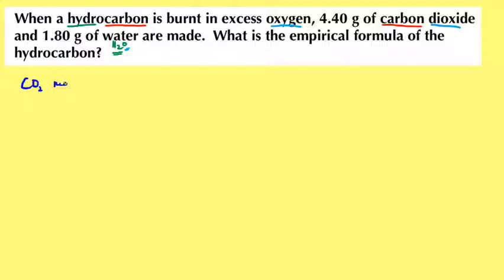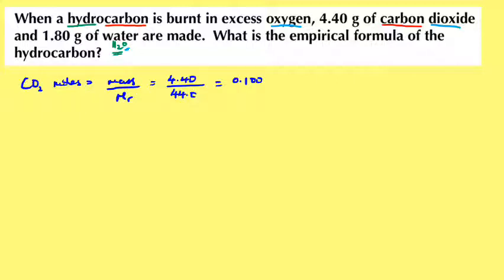So the moles of CO2 is going to be mass over Mr. We've got 4.40 grams, and the Mr of carbon dioxide is going to be 12 plus 2 times 16, which is 44. In which case that equals 0.100. So we're sticking to 3 significant figures. So we've got 0.100 moles of carbon dioxide.